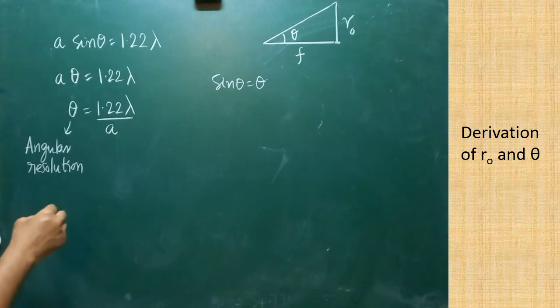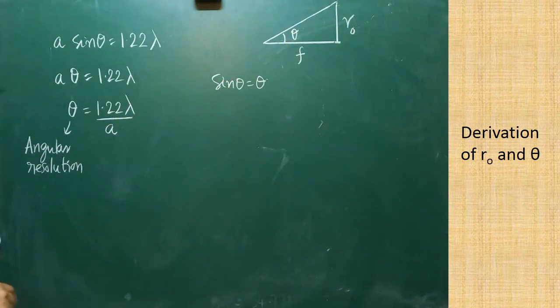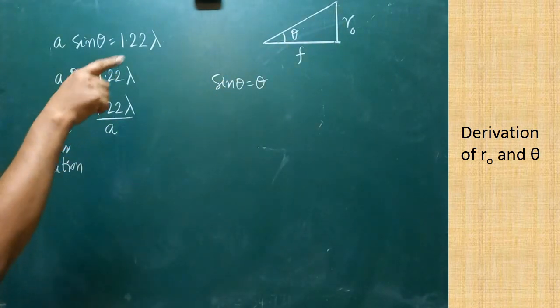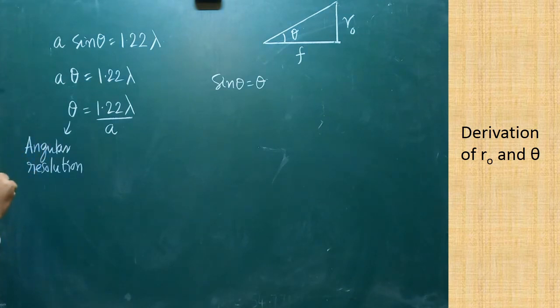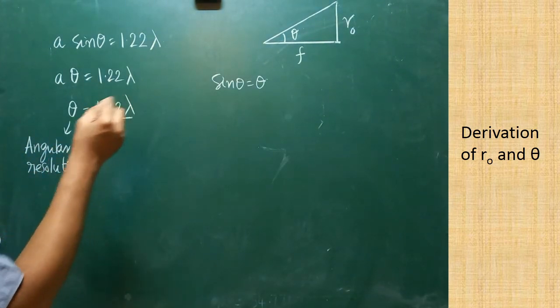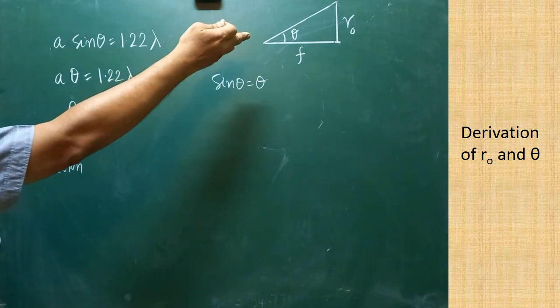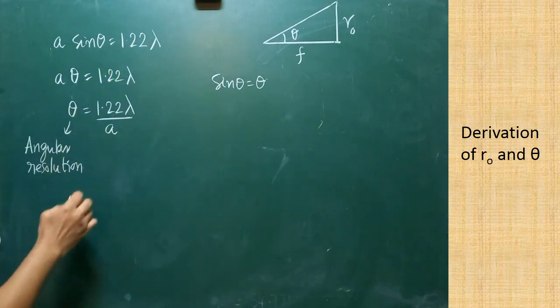Now we are going to calculate the spatial resolution. What is spatial resolution? R0 is called spatial resolution. From the diagram you can easily find which one is R0. So the next question is how to find R0. From the geometry of the diagram we are able to get the expression for R0.